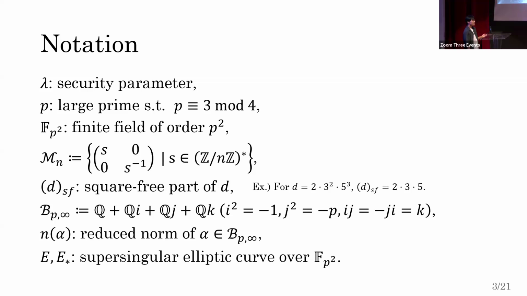And B sub p,infinity is the quaternion algebra defined by these relations. Please note here that this squared is minus 6, not minus 1. And n alpha is the reduced norm of a quaternion alpha. And finally, E with a curve subscript represents a supersingular elliptic curve over the field of this curve.